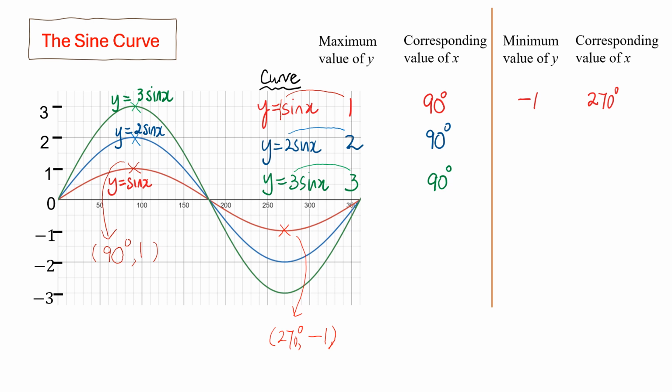You can also clearly see that it happens at x equals 270 degrees. However, the minimum value now is -2. And if we go on to the green one, the minimum value of y is -3 when your angle is 270 degrees.